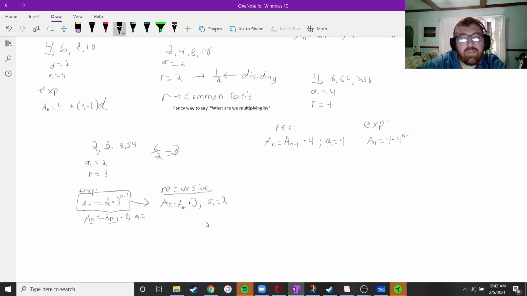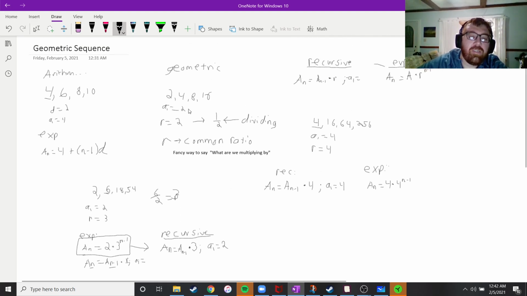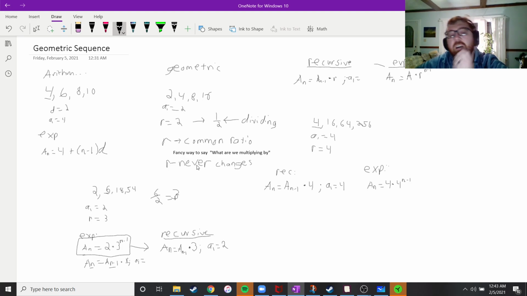So in order to figure out if a sequence is a geometric sequence, R is never going to change from term to term. It's the same number each time. So how do we find R? You can do it a few ways. R is equal to A2 over A1.